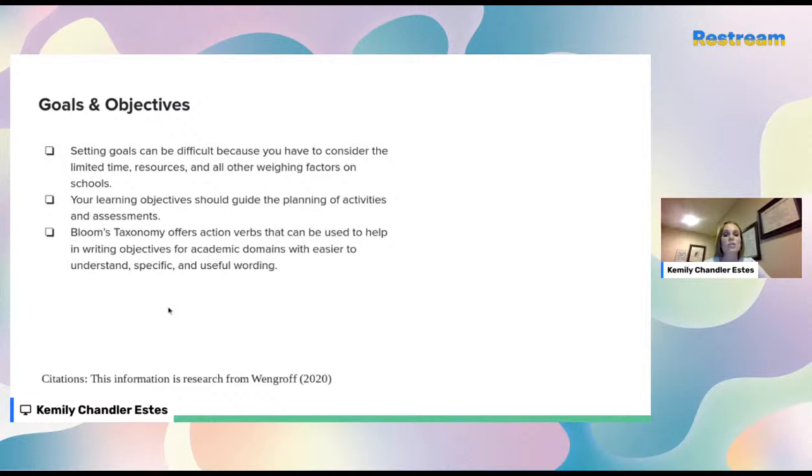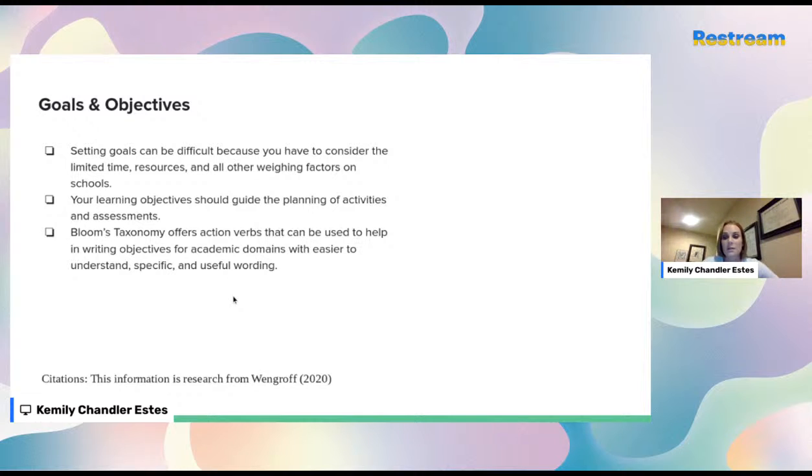Your learning objectives should guide the planning of your activities and your assessments. If your activities and assessments do not match what you are teaching and your objectives, there is no reason to write an objective. So you have to follow through with appropriate activities and assessments that go with your objectives.